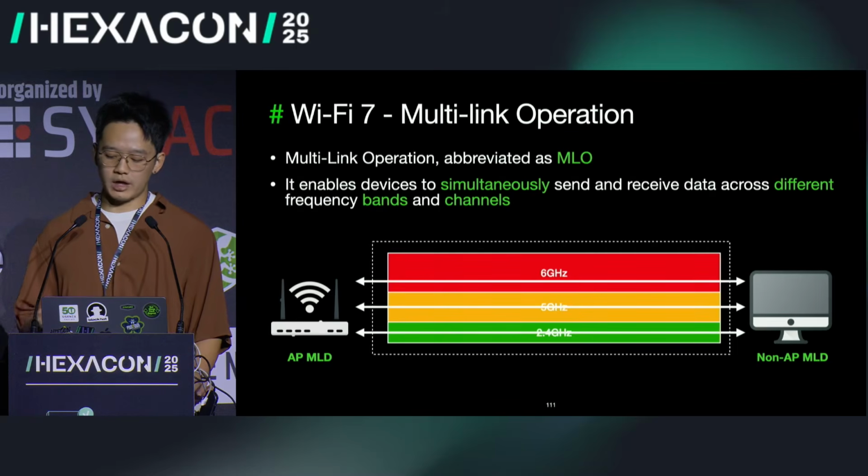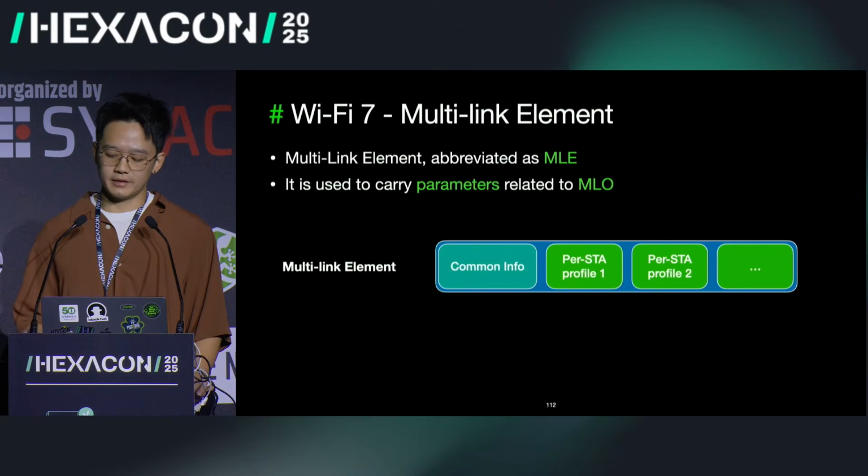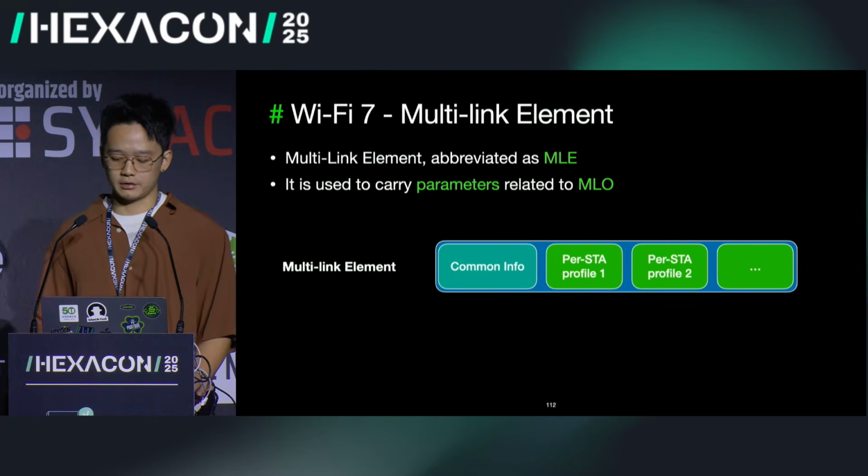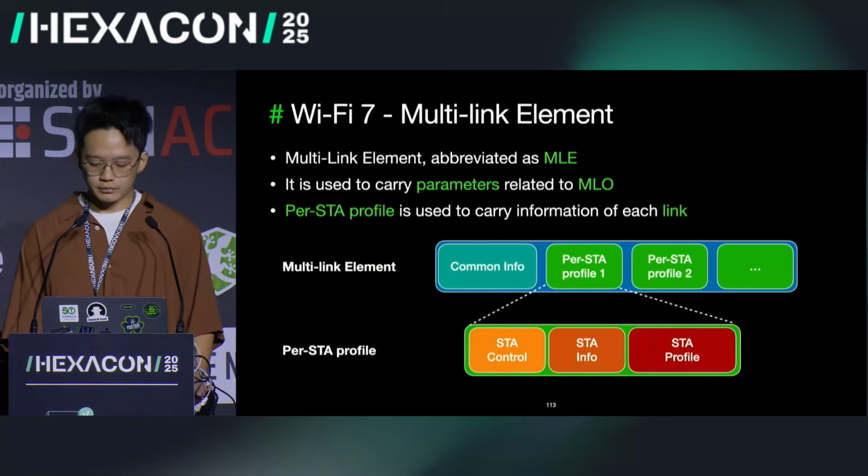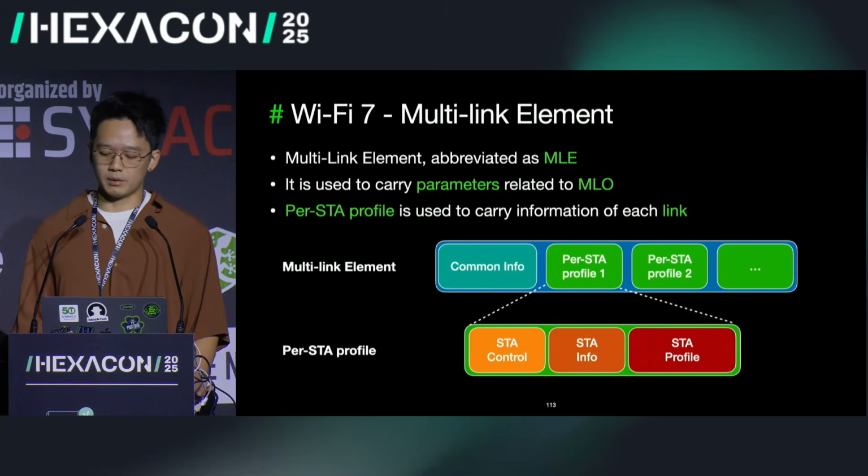So how do APs and stations exchange capabilities and information about MLO? The answer is by adding the MLE information element to Wi-Fi frames, so that devices can synchronize MLO parameters with each other. The MLE contains common information and per-station profiles.